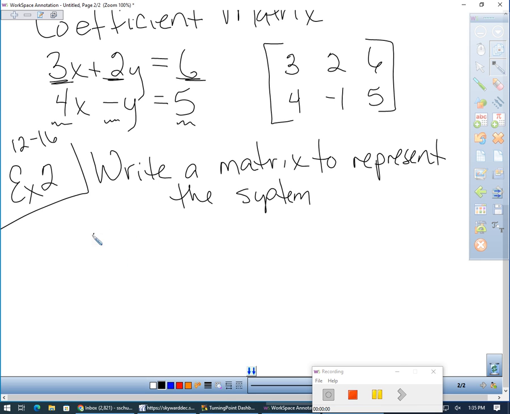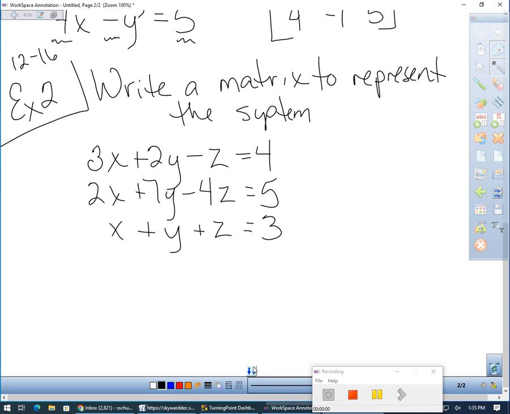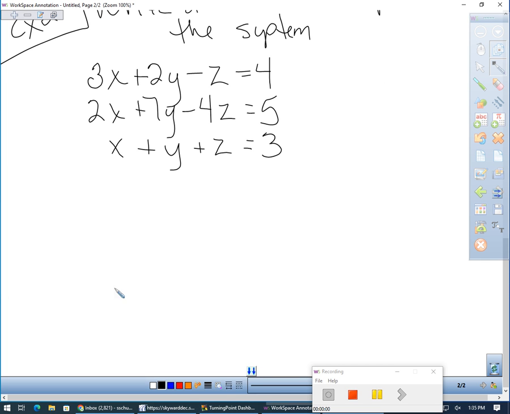And let's say I have, let's go with 3x plus 2y minus z equals 4. 2x plus 7y minus 4z equals 5. And x plus y plus z equals 3. All right. So we're writing a matrix to represent this.